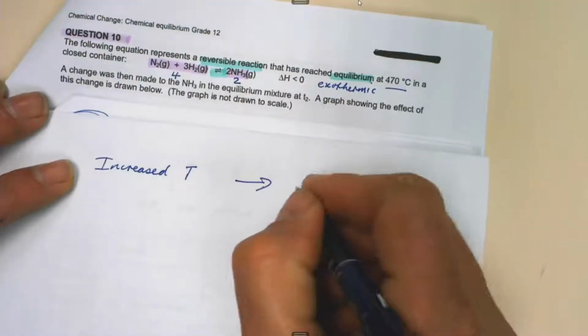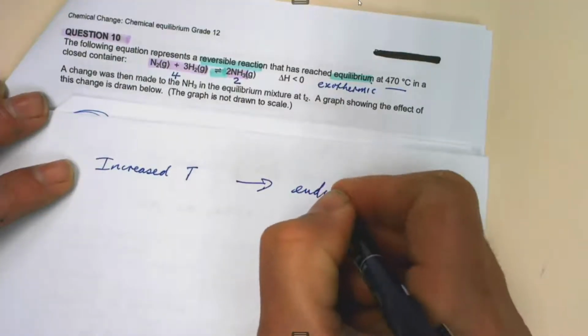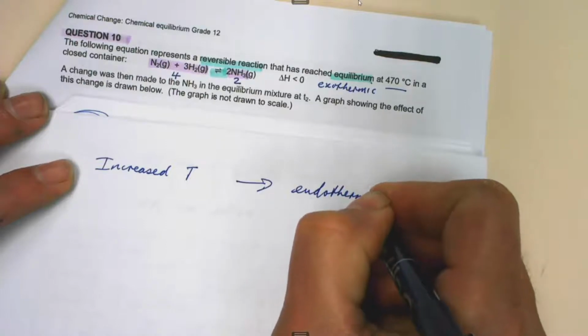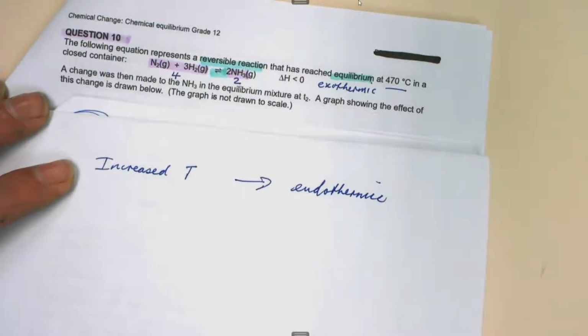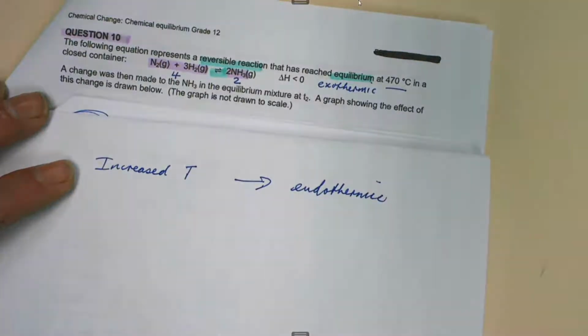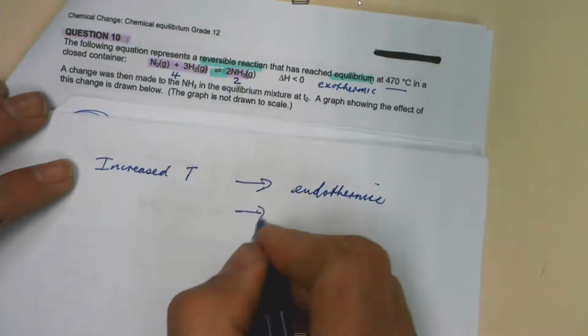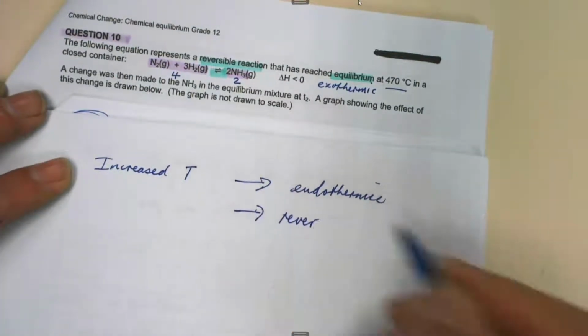If I increase the temperature, the system will oppose this change by trying to decrease the temperature, by favoring the endothermic reaction. And the endothermic reaction will be the reverse reaction, which will be favored.